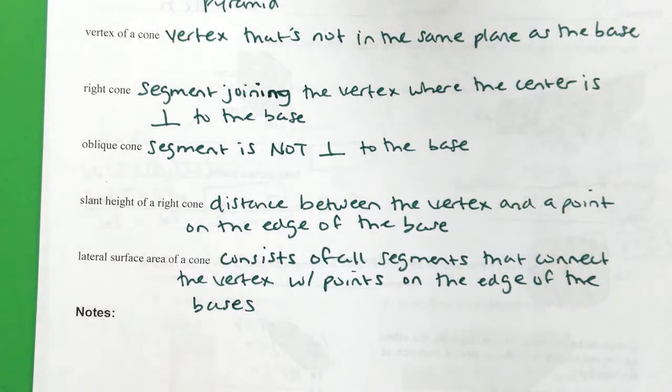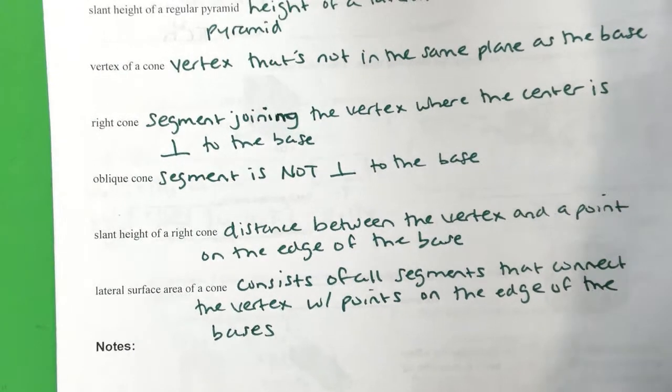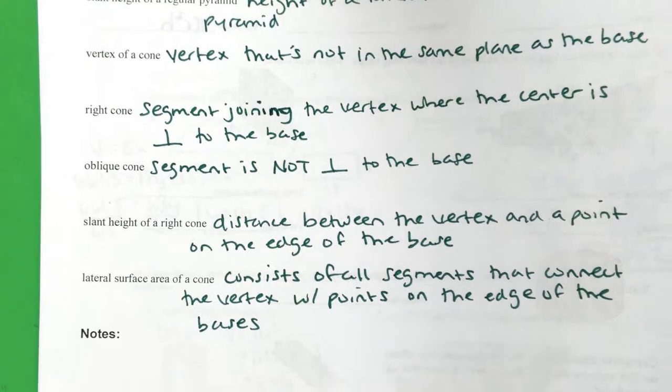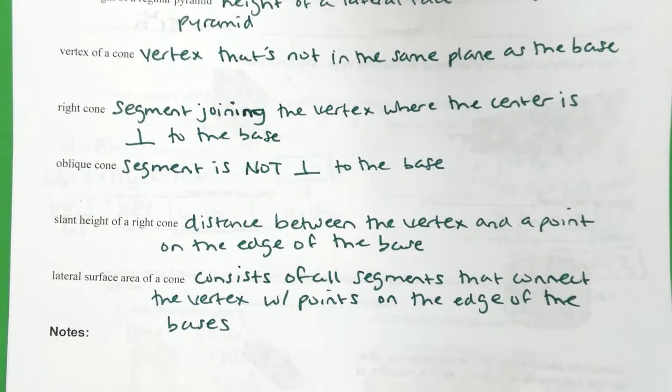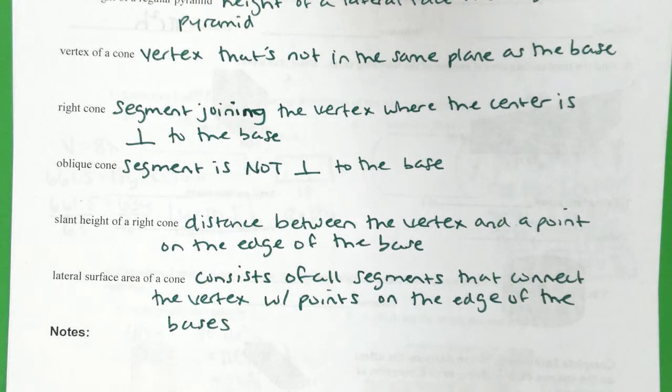So those are definitions for 12.3. We go on to the next page where we'll go over some core concepts and a little bit more definitions on how to apply these to actual cones and pyramids.